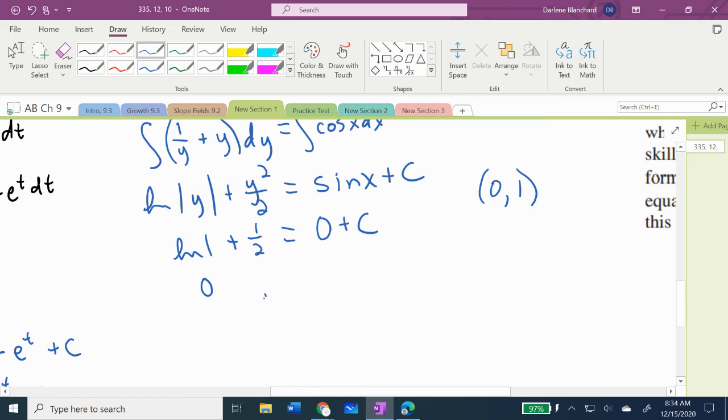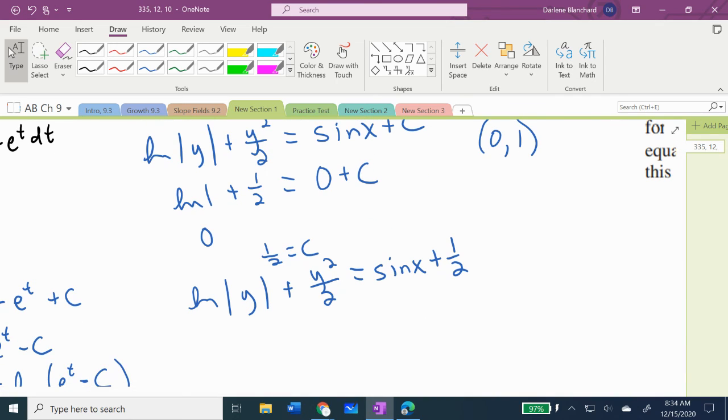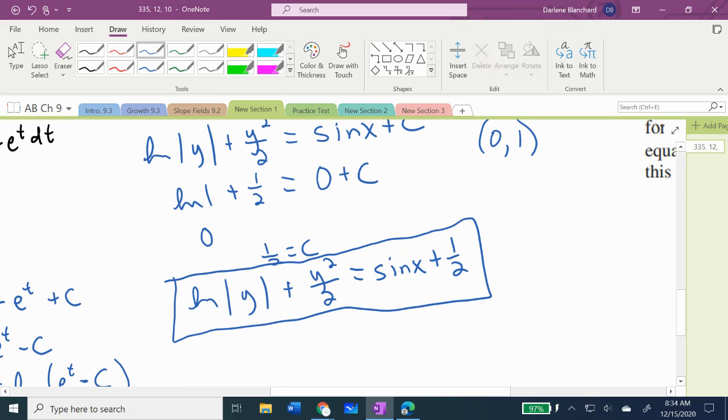So I'm getting that c is equal to 1/2. And I cannot isolate y in this situation. So this is the best I can do for a solved particular solution.